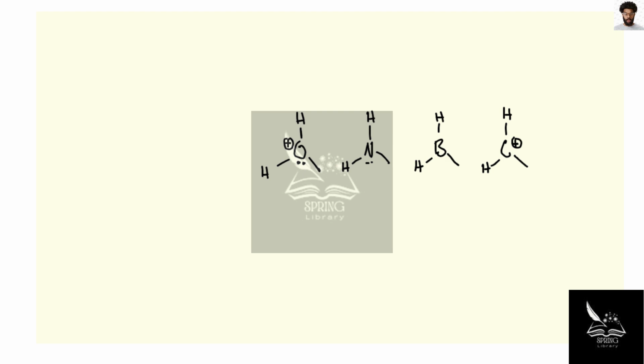And the question is, which of these are Lewis acids? Okay, well, what is a Lewis acid? Remember, they are lone pair acceptors. Lewis acids typically, but not always, have some kind of positive charge or empty orbital, or both.